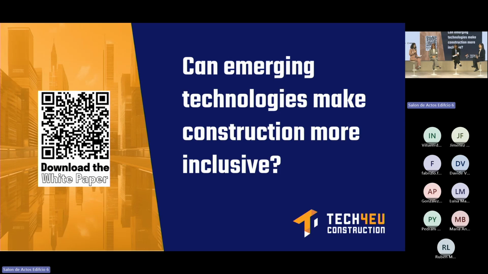Real change depends on how the technologies are designed, as Maite was saying, how they are implemented, how they are supported through training, organizational practices, and in general, broader efforts to reshape the perceptions of the sector. So the challenge is not only transforming how construction work is done, but also who feels they belong in the sector, in the future of the sector.